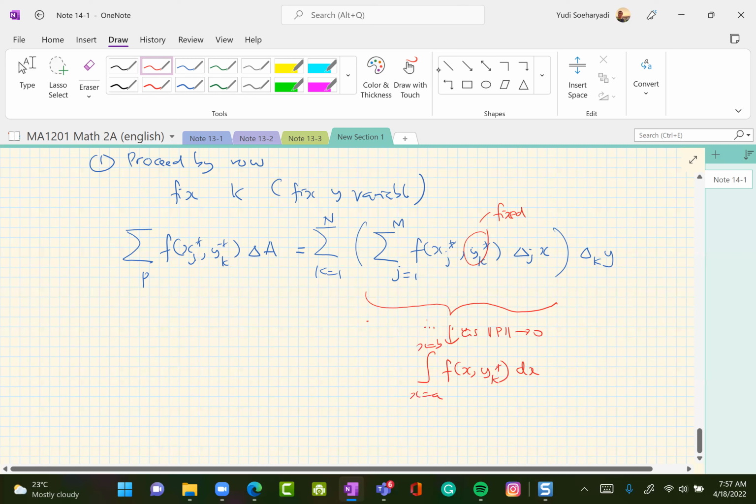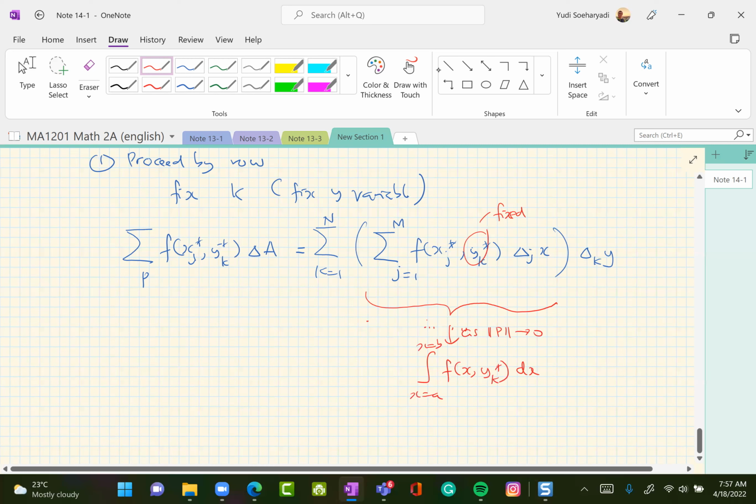Okay, so what you have is sigma of k from 1 to n of this, times delta y k.